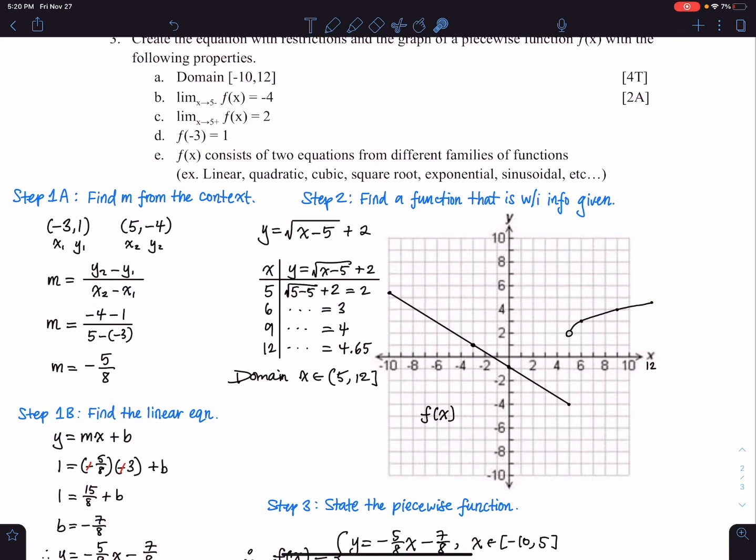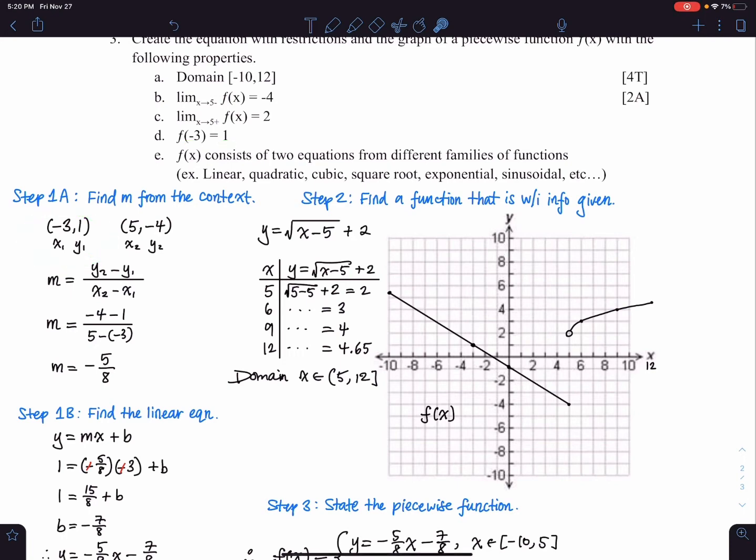So the first part would be to find the m value, the slope, from the context of the question. The question isn't very direct, and it's going to ask you to basically figure out information on your own. So from D, we can find that the x and y values give us 1 point.